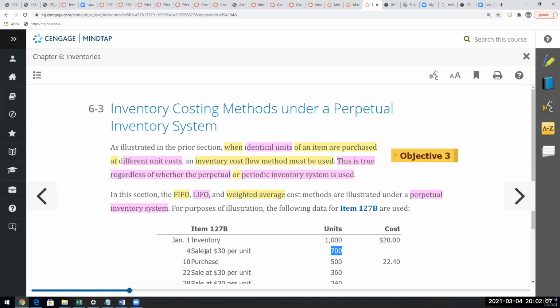Because 700 times 30 is our revenue. The 20 that I accidentally mentioned 2 seconds ago is going to be the cost of goods sold, because 20 times 700 is 14,000. So you're going to see 21,000 because 30 times 7 is 21,000. And then you're going to see 14,000 because 20 times 7. That's the cost of the goods that we sold.